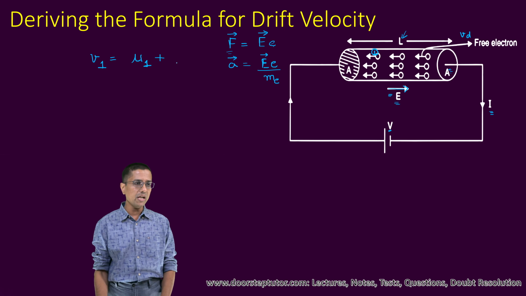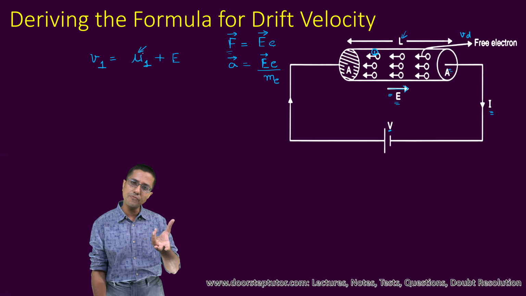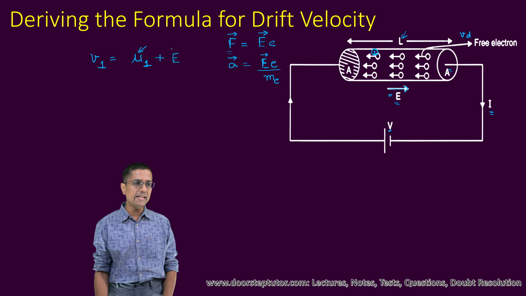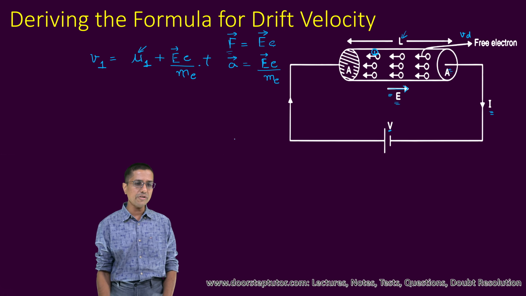Okay, so now what do I see? I say that the net velocity at any point in time is the velocity at the time of collision plus the velocity gained due to this acceleration. And what would that be? That would be this acceleration multiplied by time t. What is the formula we are using here?